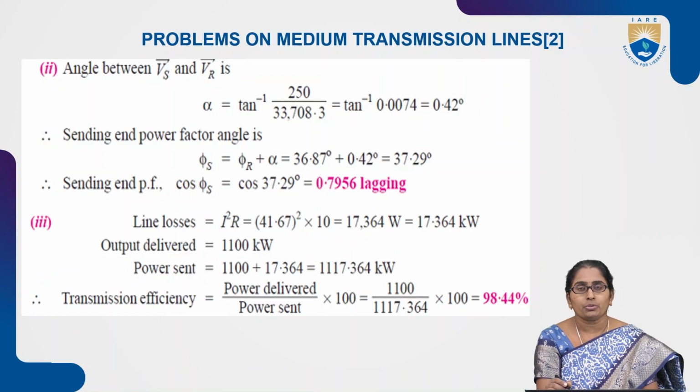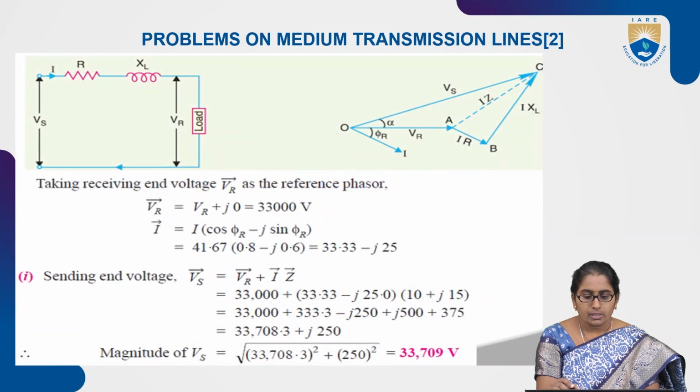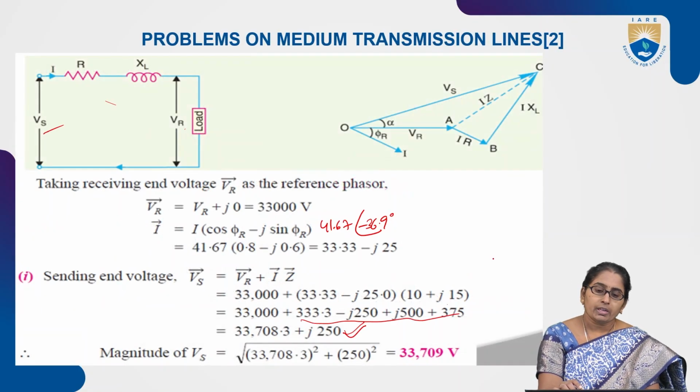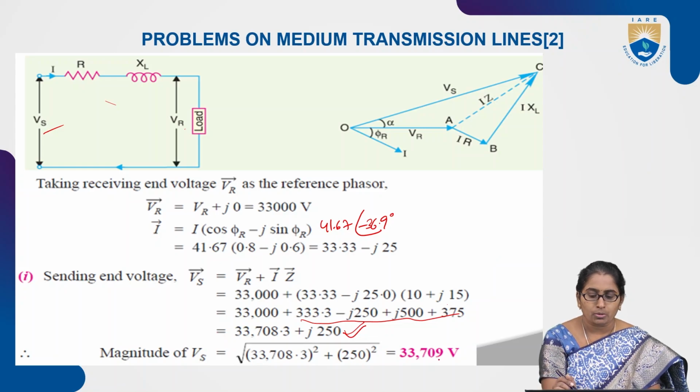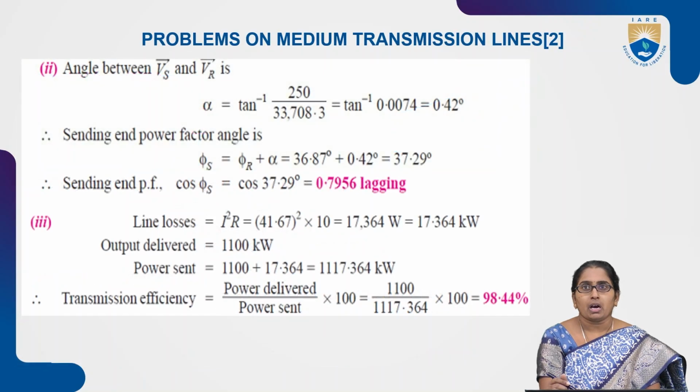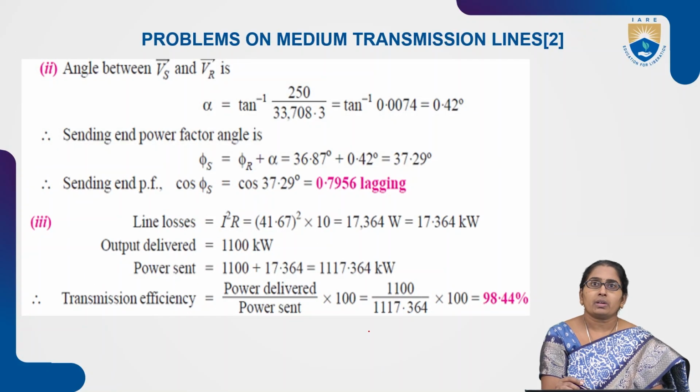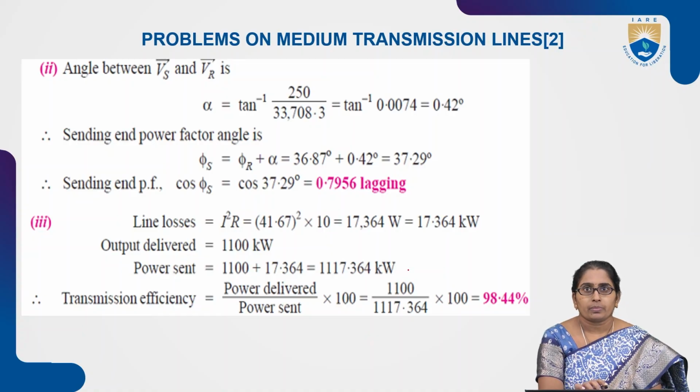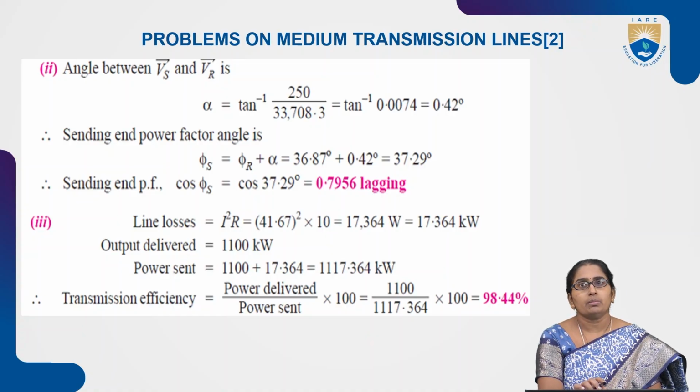Of course, if it is not clear, we can use cos alpha also, because Vs is known, already calculated, magnitude 33,709. Whether cos alpha or tan alpha, we will get the same angle alpha. The value will be 0.42 degrees.